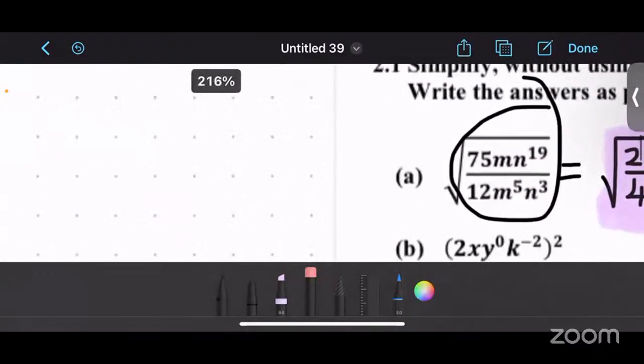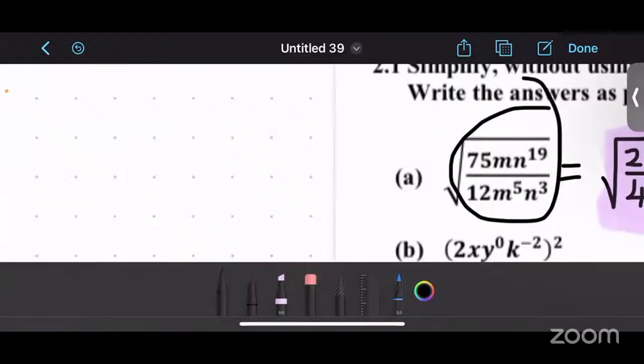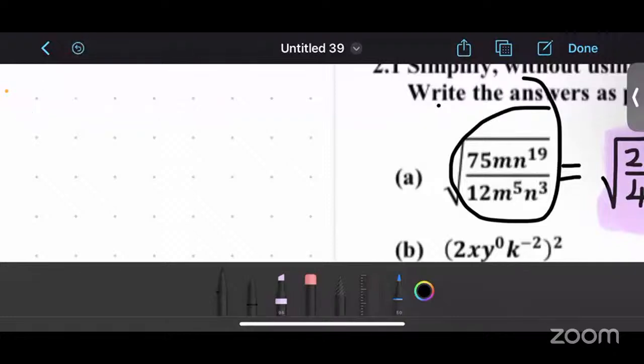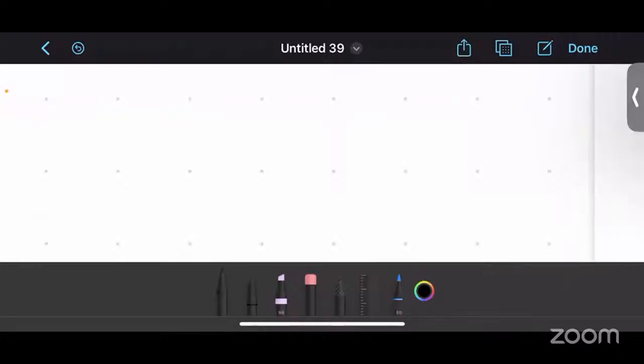If I were to write this, I'm having a square root of 75 m n to the power of 19 divided by... Oh no, guys, I'm not sure what's happening. Maybe I need to zoom in. Can anybody call that for me?